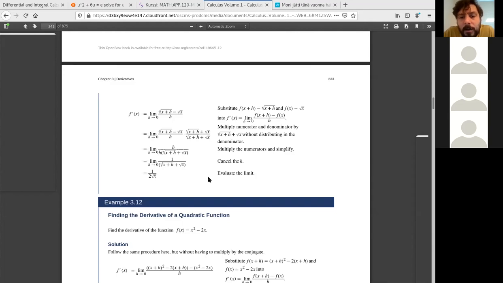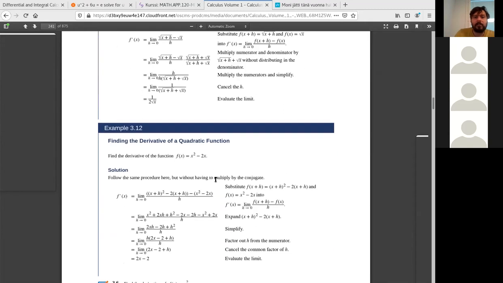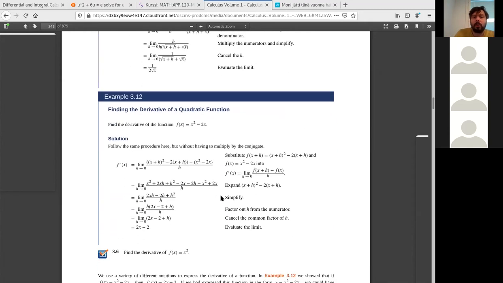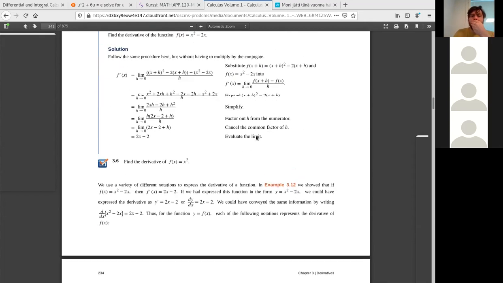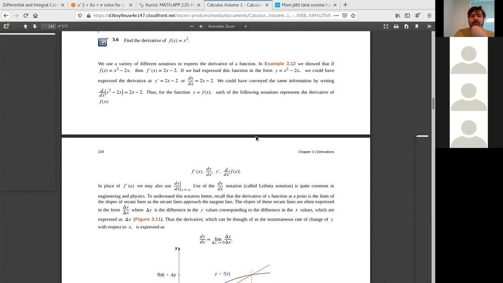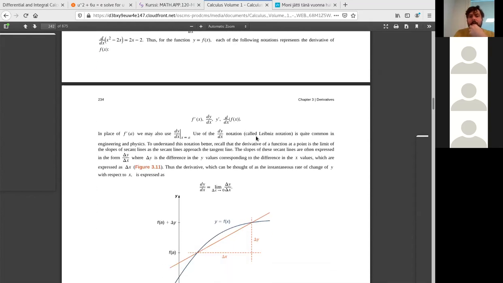So this is great fun. Okay, but here's another example, finding a derivative of a quadratic function. I wouldn't go so far as to do this. You can look at these examples, but why would we go here? It's much more fun to prove that you can actually apply the derivative in a compositional manner.